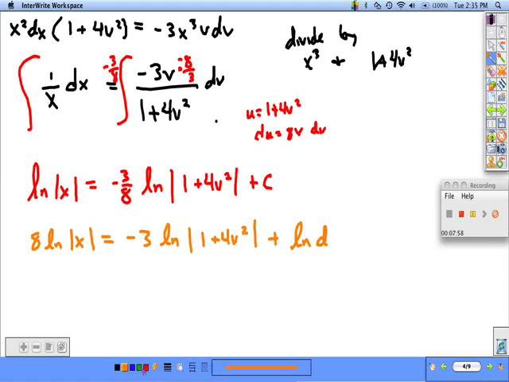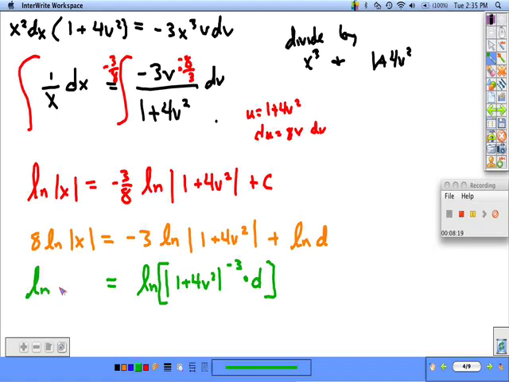And what that allows me to do is I can use properties of logarithms. We have the log of that product equals natural log of x to the 8th.